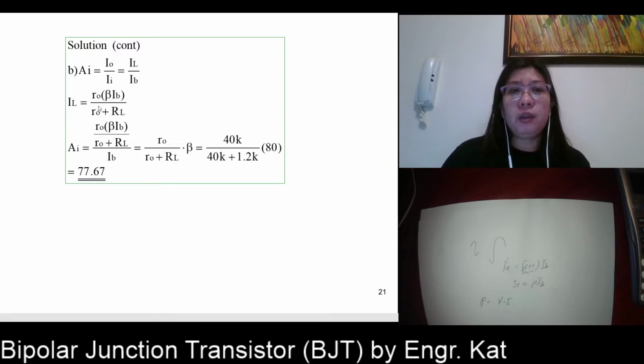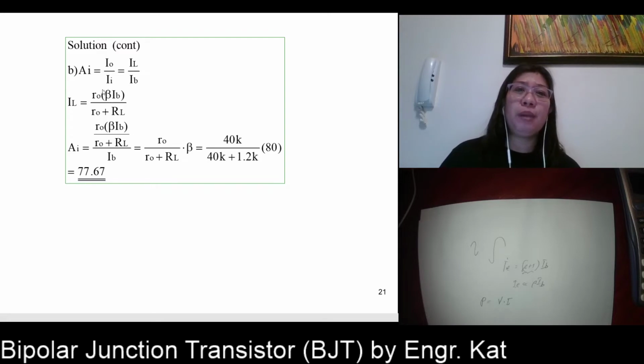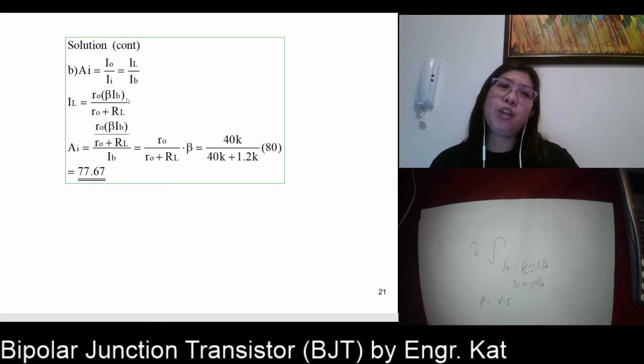So your current gain is that divided by IB, and IB will be cancelled out here. That will give us RO over RO plus RL, times beta. This is not a new formula, class. We just use the current divider formula here. Since we are trying to measure the current across the load, our numerator here is your RO. So that will give us 77.67.